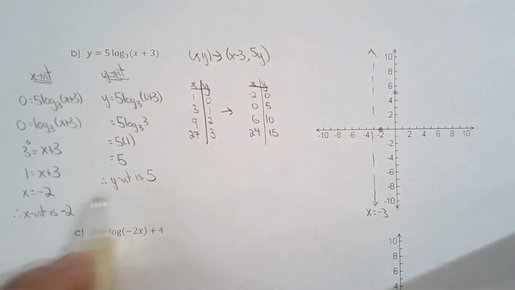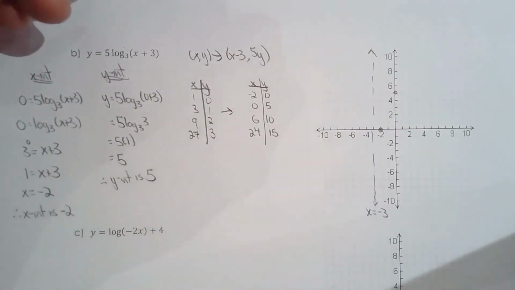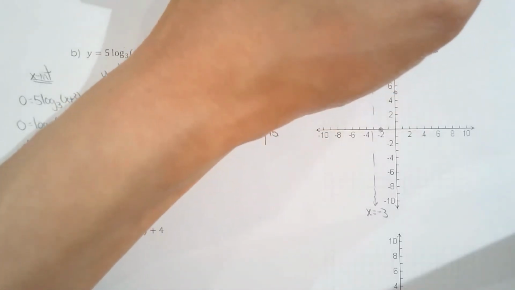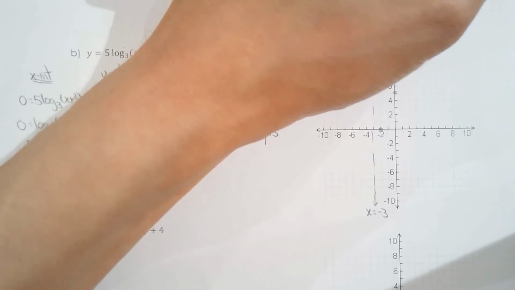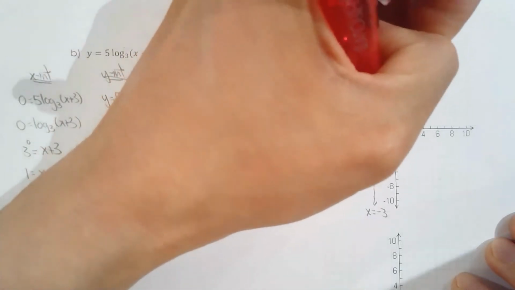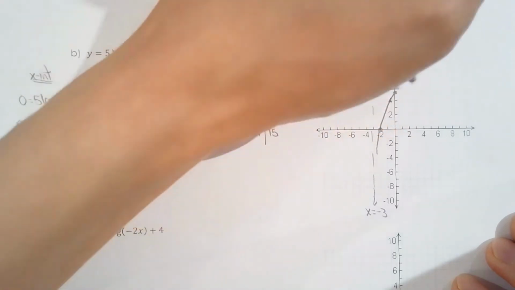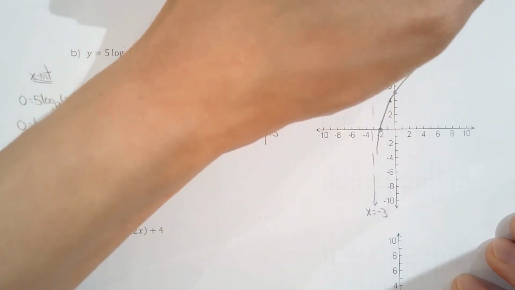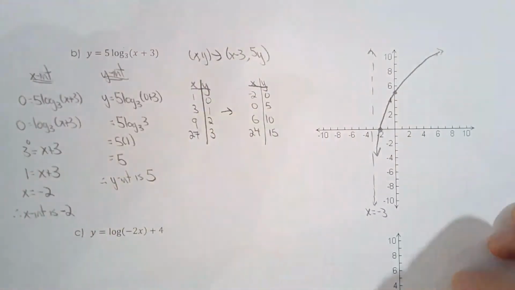So I'm happy. The math is matching up so far. 6, 10, 6, 10. Whoa, this is very faint. So somewhere about here. All right, let's connect the dots here. Beautiful, nice.